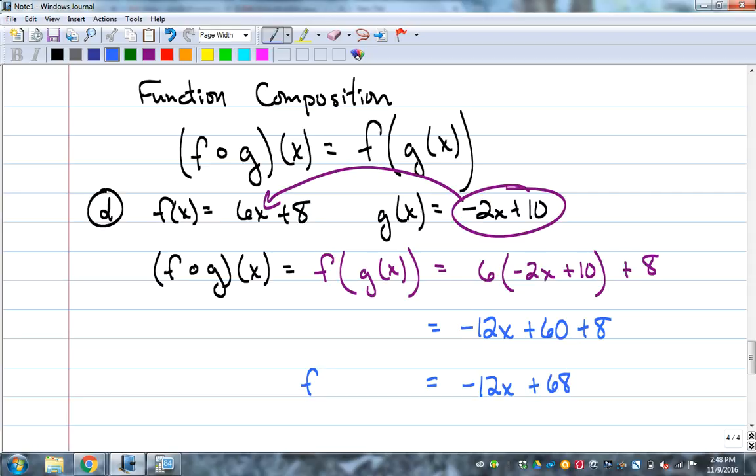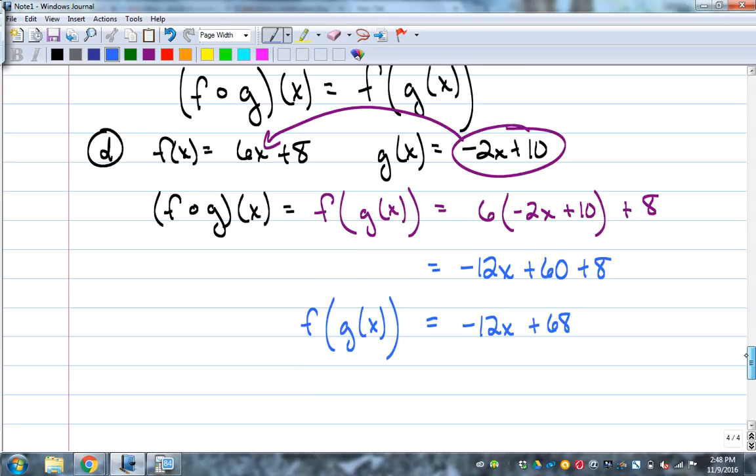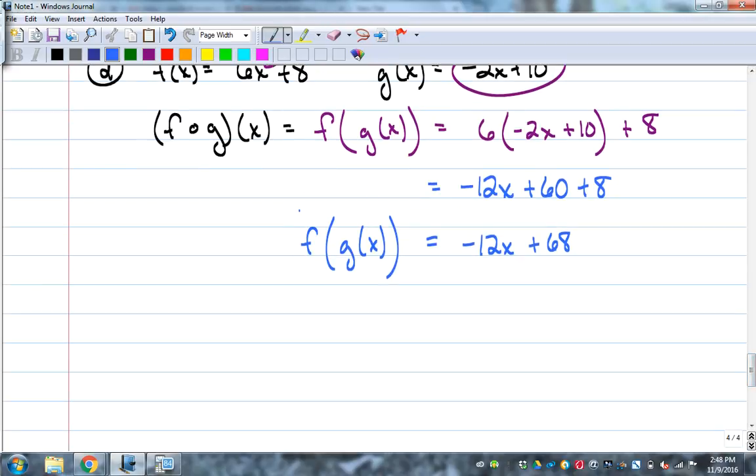By replacing x in the f of x function with what g of x is equal to. So it's kind of like substitution when you're solving systems of equations back in Algebra 1, Chapter 7 stuff of that particular class. So if you had year-long Algebra 1, it was in the fall of that year. Or it should have been in the fall. If you had me for class, it was in the fall.